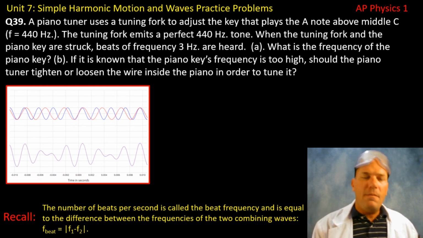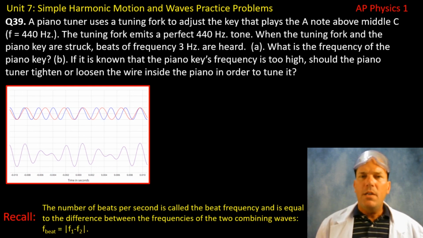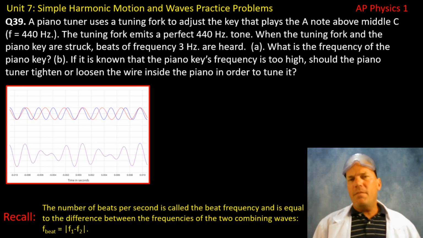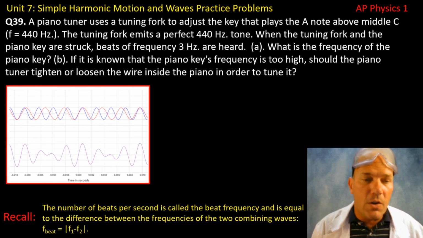Recall that the beat frequency is equal to the frequency 1 minus frequency 2. Well, in this problem, you're actually given the beat frequency. So you need to try to figure out frequency 2, given that you know frequency 1 to be 440 hertz.